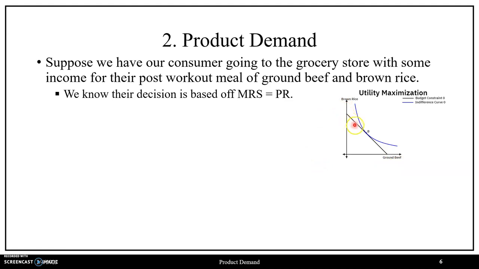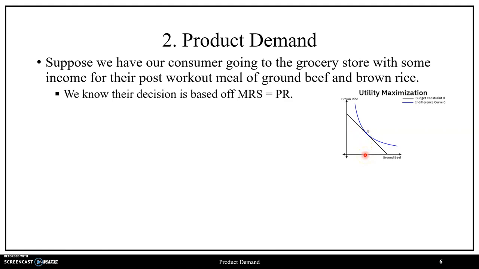We have our downward sloping budget constraint in black representing all our possible choices, and we have our highest indifference curve compatible with this budget constraint representing a particular level of utility, indifference curve 0 in blue. And then we have our utility maximizing bundle where marginal rate of substitution is equal to the price ratio at point B, giving us our post-workout meal of a particular quantity of brown rice as well as ground beef.